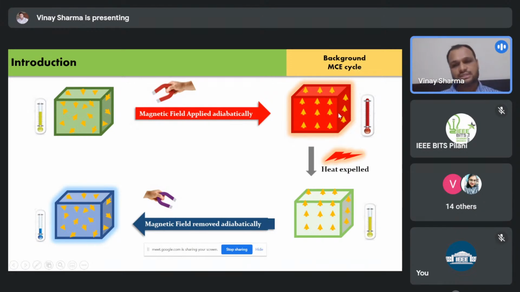Once the spins align, the lattice entropy of the system also increases, due to which heat is expelled. And when this magnetic field is removed adiabatically, that is delta Q equals 0, then a cooling phenomenon occurs.